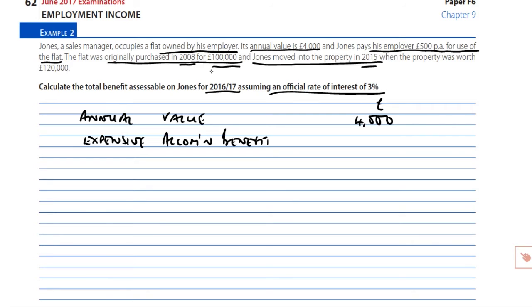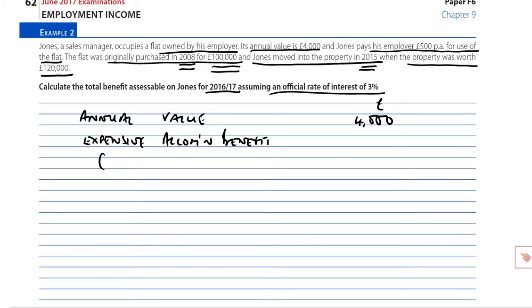So as 1, it's expensive accommodation, and 2, it's more than 6 years owned by the employer when the employee moved in. We use the market value of the property when he moved in, and that's the 120,000 rather than the original cost of only 100,000.